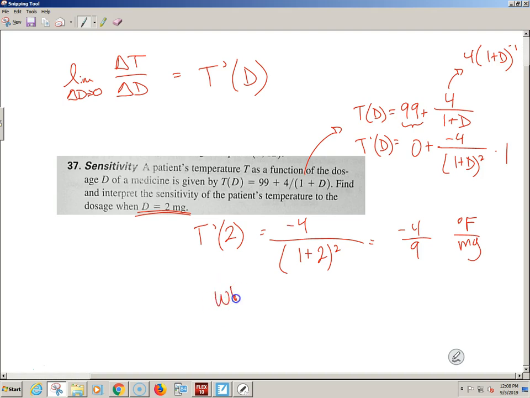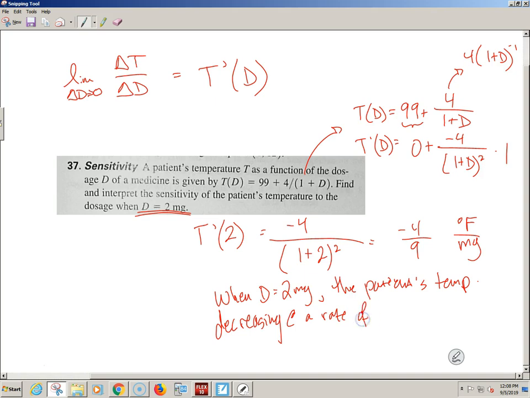So you can say when the dosage is 2 milligrams of whatever medicine we're talking about, the patient's temperature should be decreasing because of that negative rate, at a rate of 4/9 degree Fahrenheit, or you could say 4/9 degree Fahrenheit per milligram. Or you can put per milligram, either way. I kind of like the 4/9 degree Fahrenheit per 1 milligram change, but that's great.